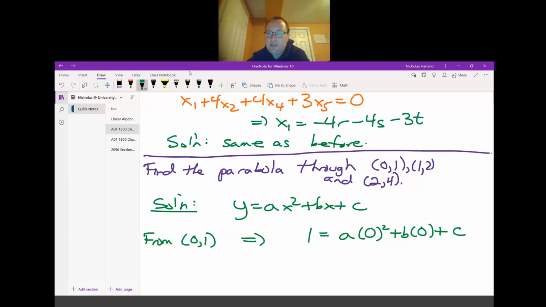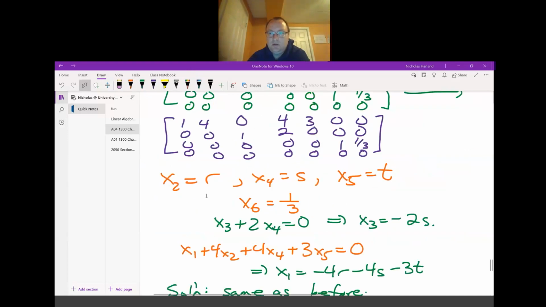So x3, unless I wrote something wrong, was not a free variable in either situation. The free variables were x2, x4, and x5. In either situation, we used the second row to solve for x3 because we had a leading 1 in the third column.